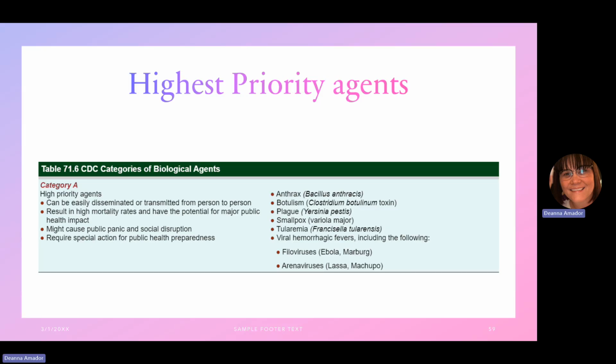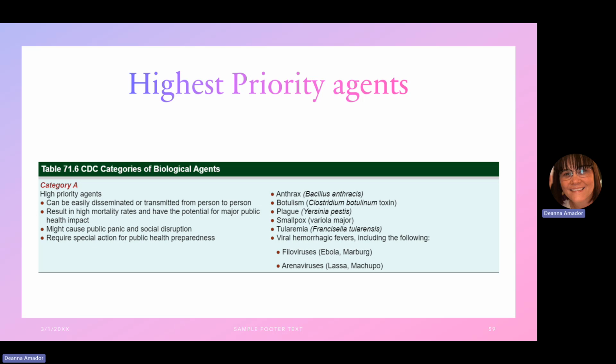So, high priority agents. There's actually more to this table. This is taken out of your book, but I want you to be aware of the different biological agents that would be the highest priority. You see here anthrax, botulism, plague, smallpox. These are category A, the highest priority agents.